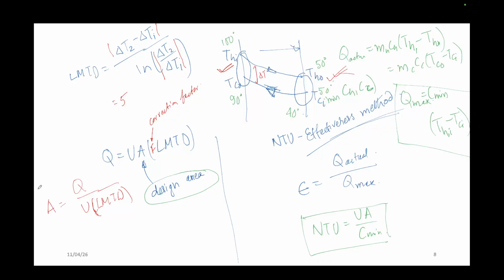This is a factor that gives a better representation, because the flow is in the opposite direction, so the phenomena is a little bit different. That difference is represented through this factor. Have you got this?